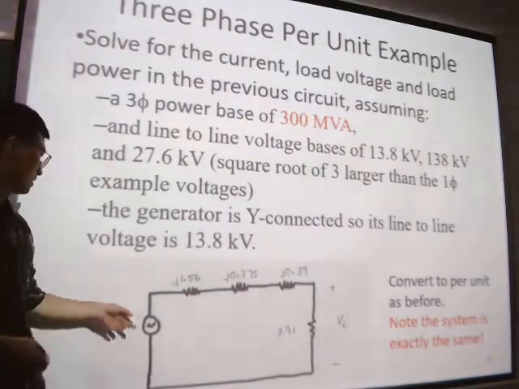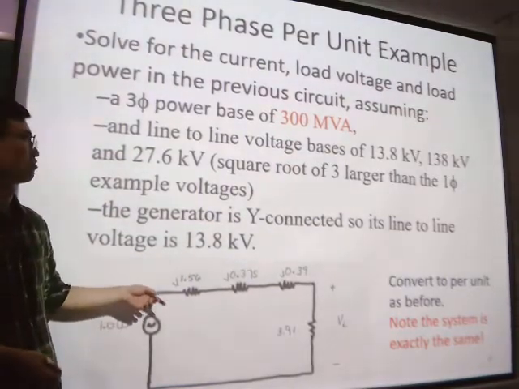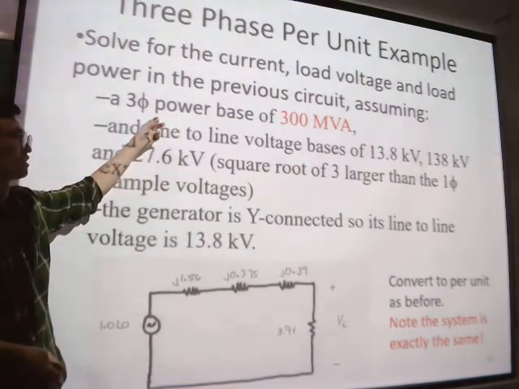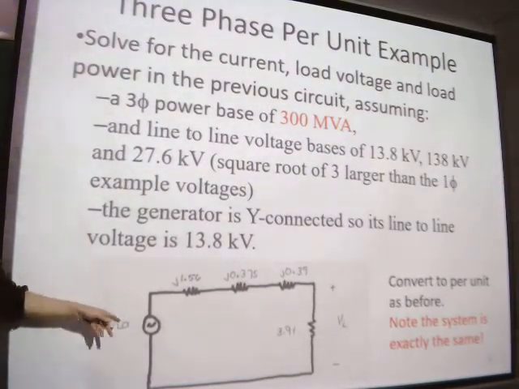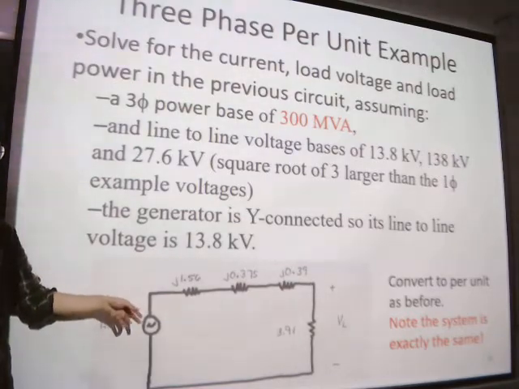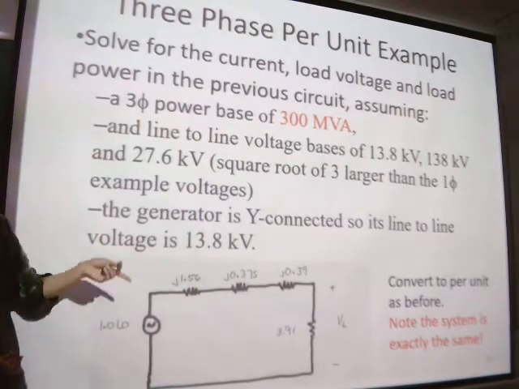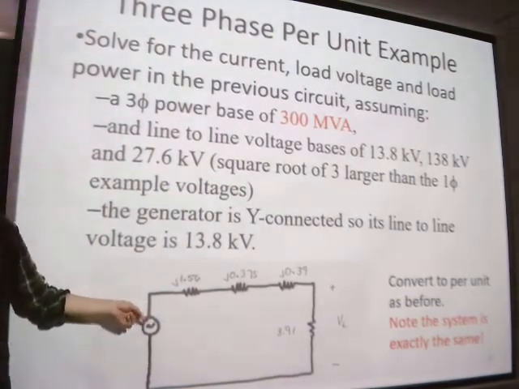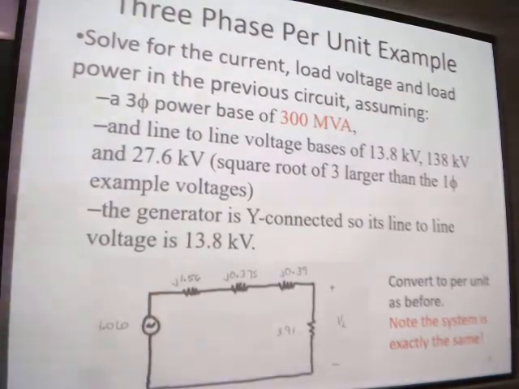For you to see that everything is scaled by the square root of 3, the complex power is also 300 for 3 phase. Any questions here? It's only for one phase because it's balanced, so each phase is okay. You could imagine that we are starting with phase A. So identical, right?